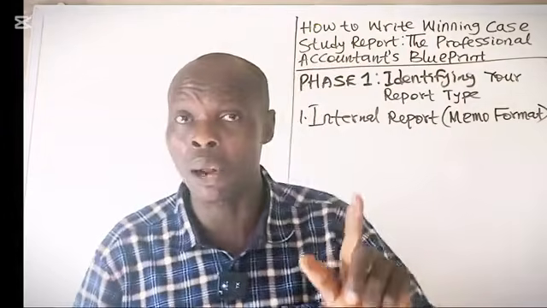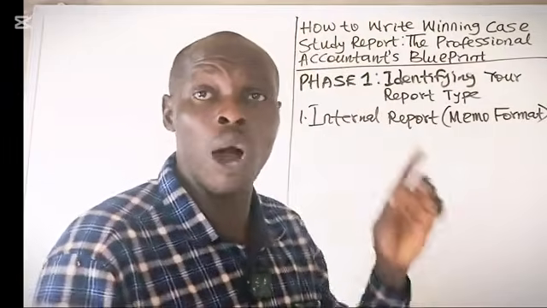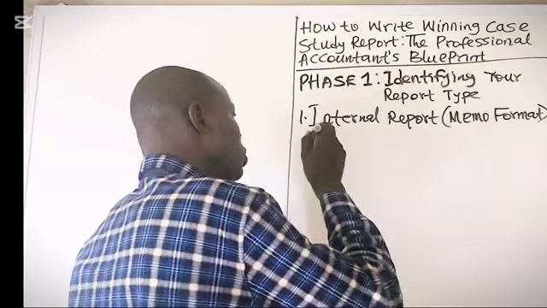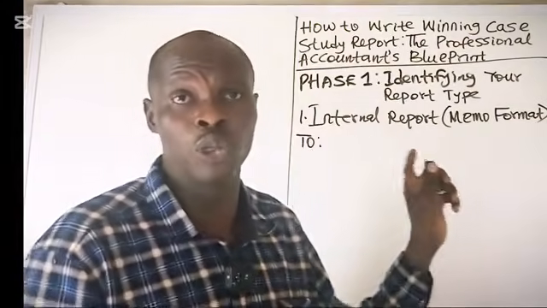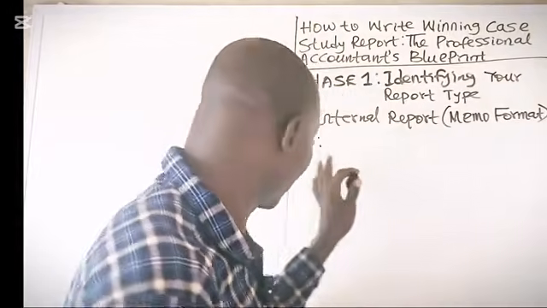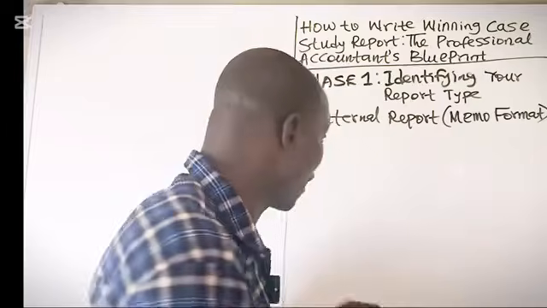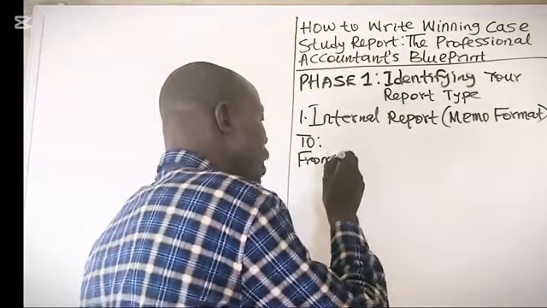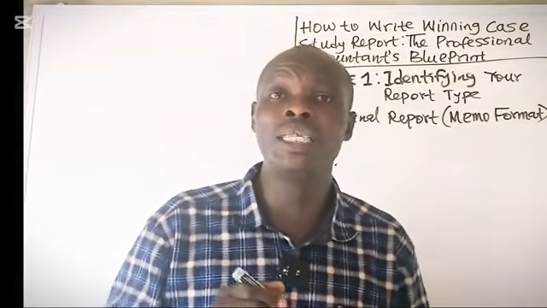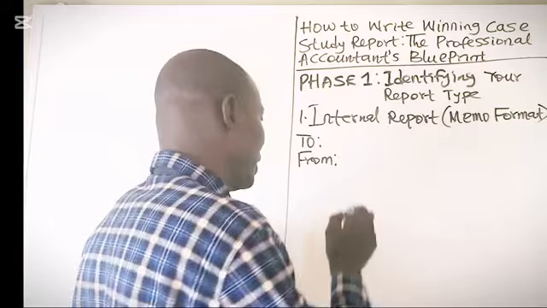Start with this header block at the very top of page 1. To whom are you writing the report? That is the starting point. Then you have From, who is the writer. Where you have From, it should be the name of your boss or department.